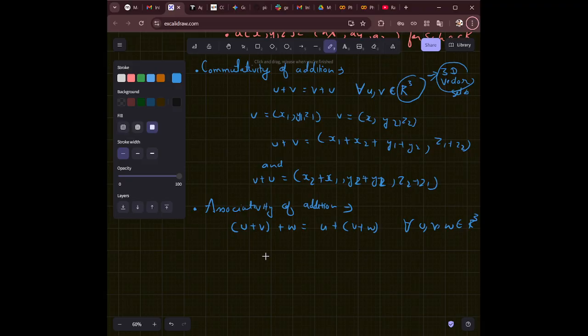So basically, if you take (x, y, z) plus (x1, y1, z1) plus (x2, y2, z2) plus (x3, y3, z3), it would satisfy this associativity of addition. Similarly, it should satisfy all the axioms if you want to consider it as a vector space.